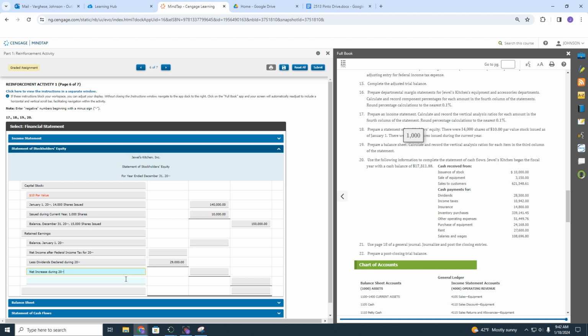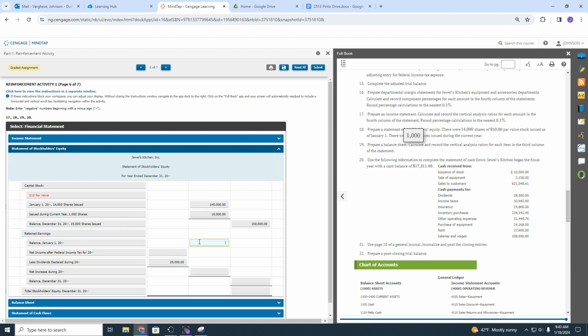And so then I'll take my 150,000 plus my, so I'm going to take my balance here plus my net increase is going to equal my balance on the end of the year. And then I'll take my 150 plus my balance at the end of the year is going to give me my total stockholders' equity at the end of the year, which, let's see if I can get all this other information in here.